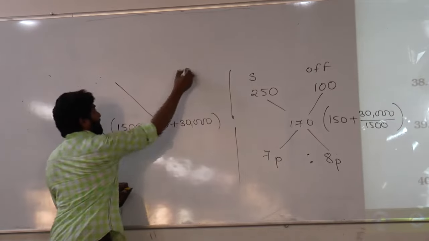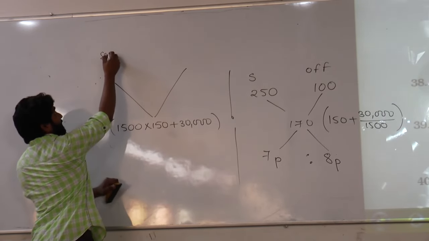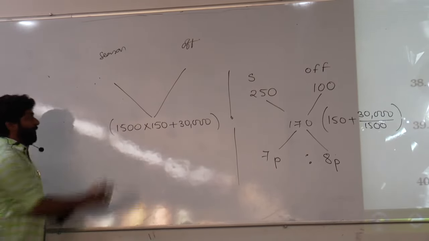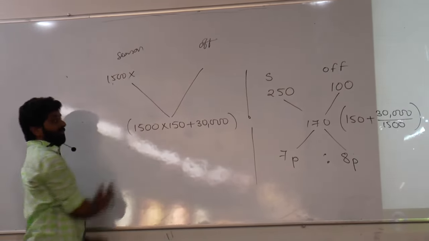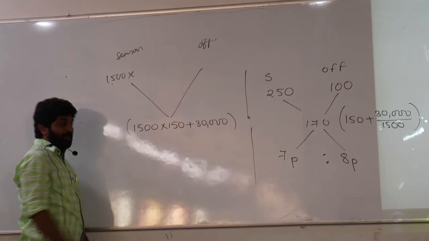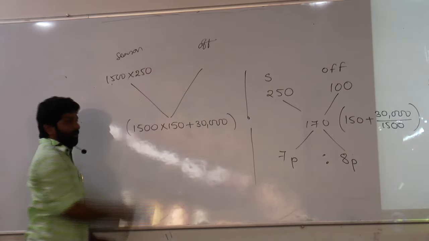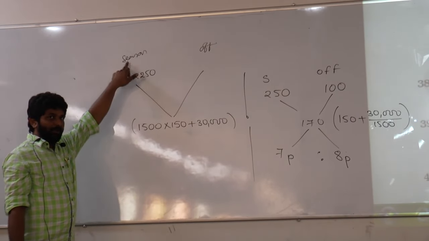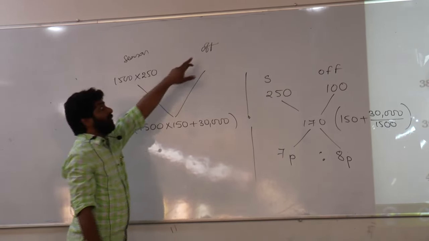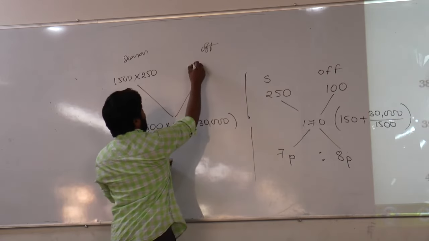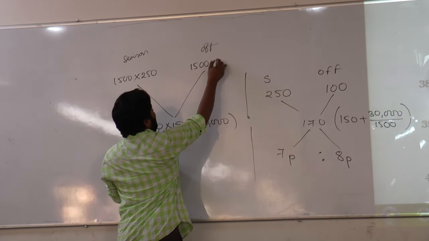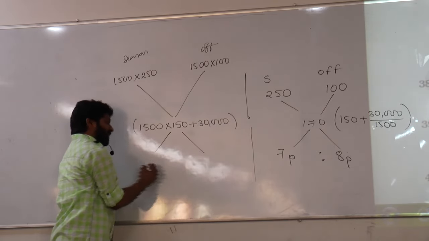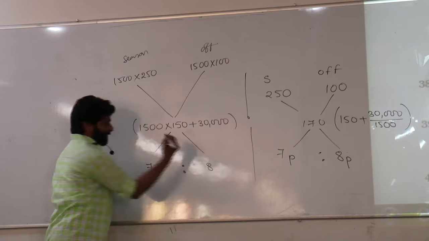You will get this by selling watches during season and off season. If you sell 1500 watches during season, on every watch you will get 250 rupees, so 1500 into 250. If you sell 1500 watches during off season, the total selling price becomes 1500 into 100. Calculate values, go for allegation, again you will get 7:8.